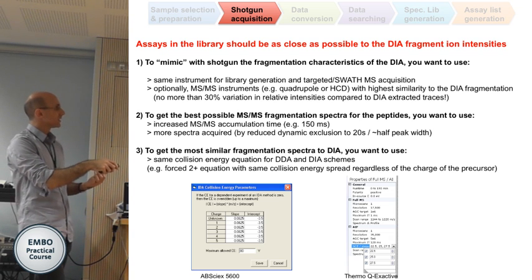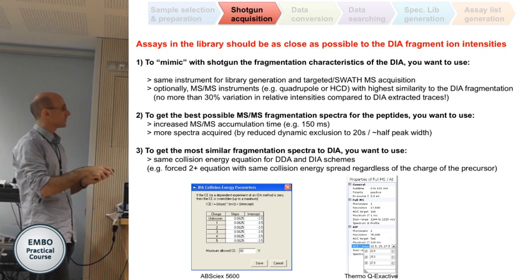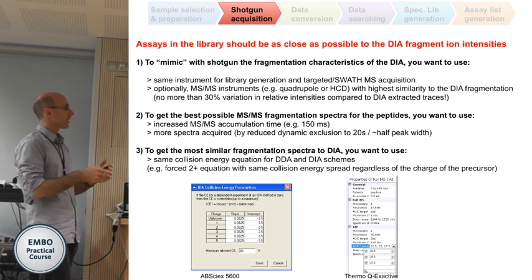And therefore, we want to use collision energy equations that are as close as possible. So for example, in SWATH, we use basically rolling collision energy. This is defined by this equation: the slope multiplied by the m/z of the precursor, plus an offset.